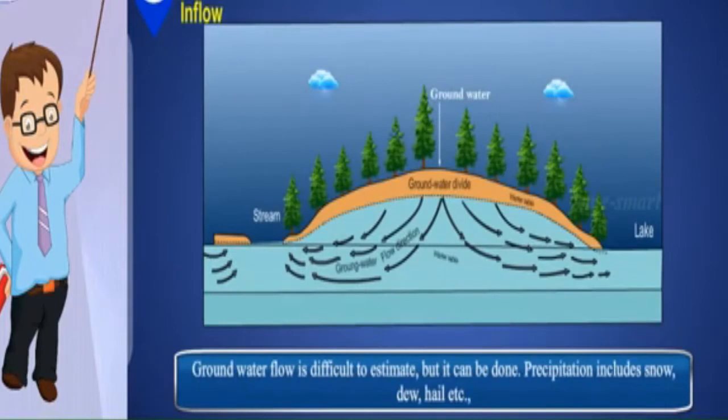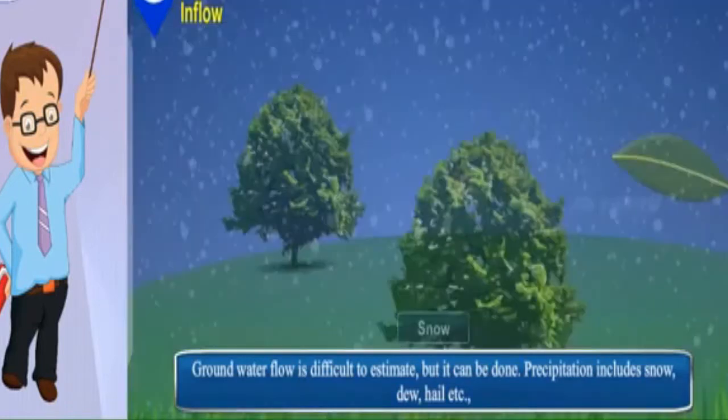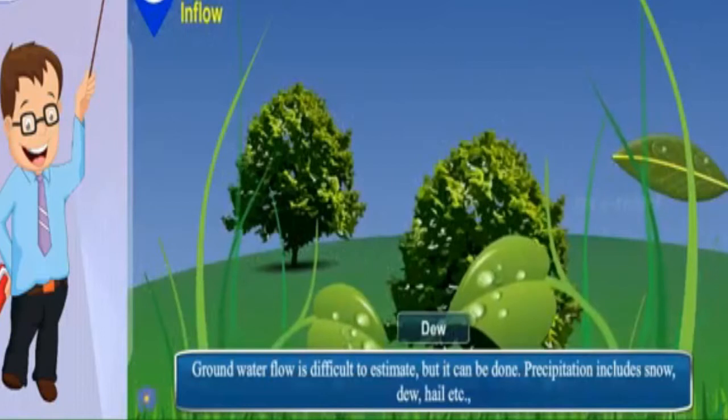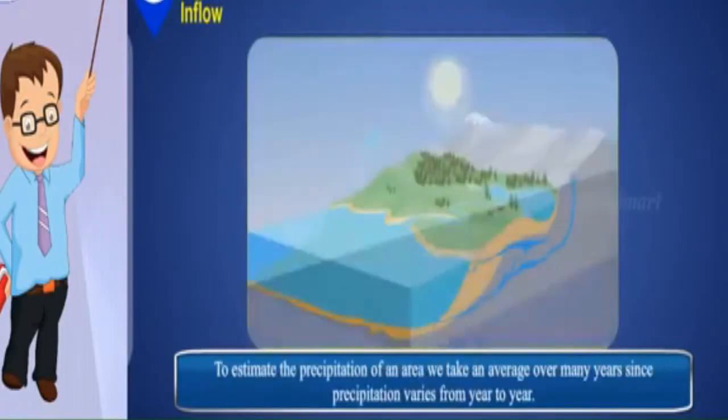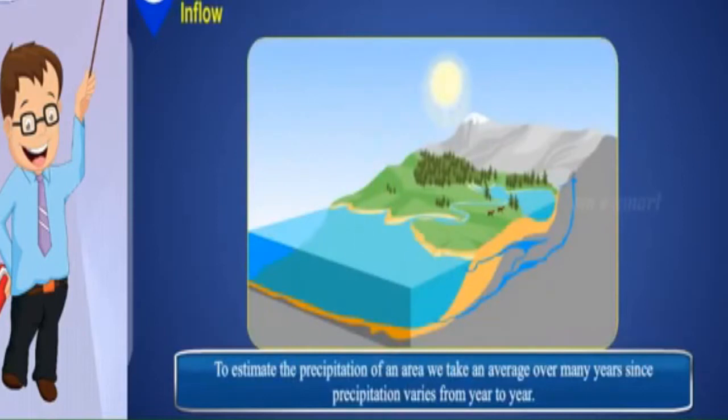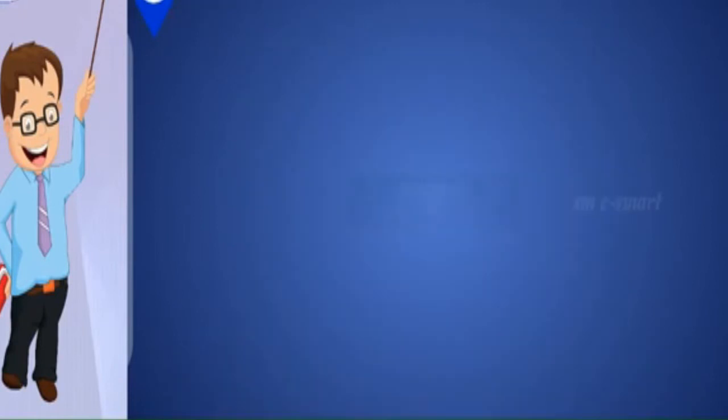Groundwater flow is difficult to estimate, but it can be done. Precipitation includes snow, dew, hail, etc. To estimate the precipitation of an area, we take an average over many years since precipitation varies from year to year. Surface and groundwater flows.